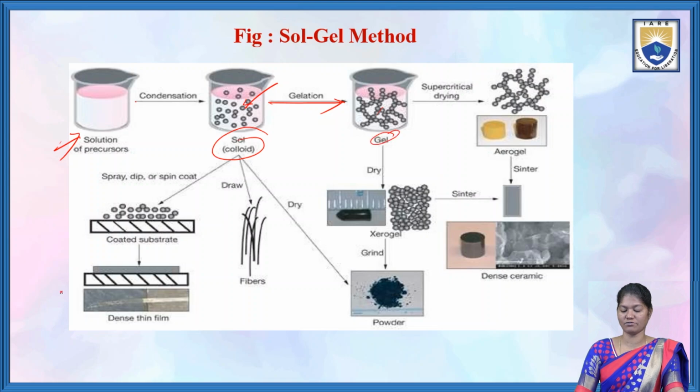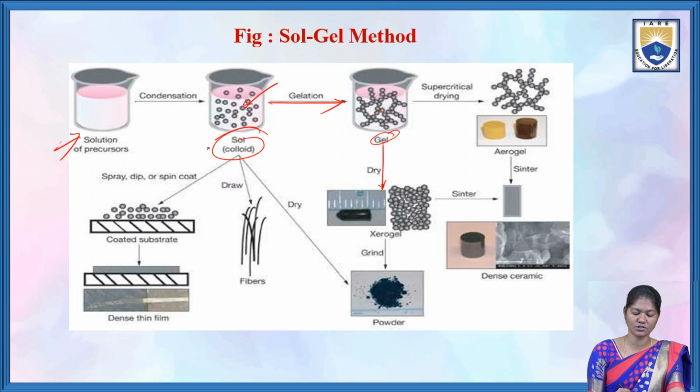After that we dry it. If we dry it in the presence of air, we get an aerogel. If we dry it in the presence of temperature, then we get a xerogel. After drying, we can make a powder that gives the nanoparticles.